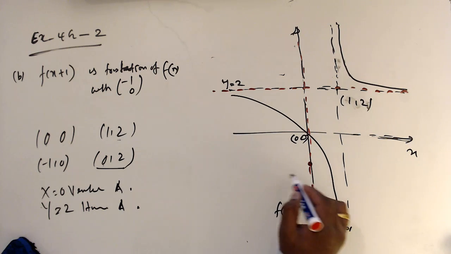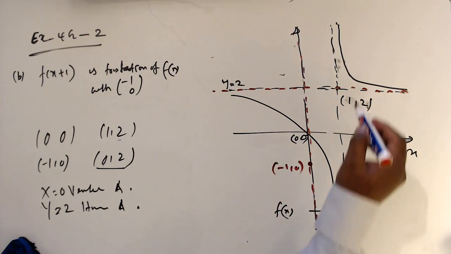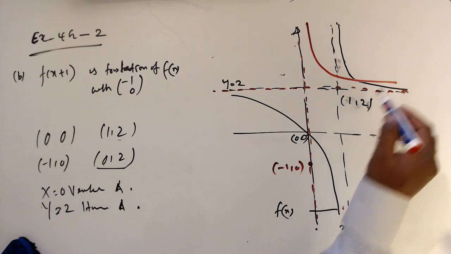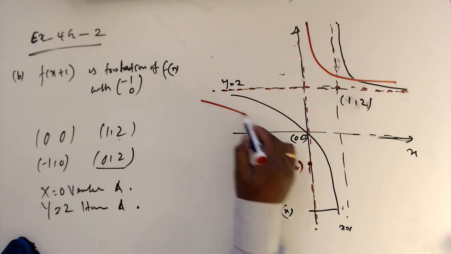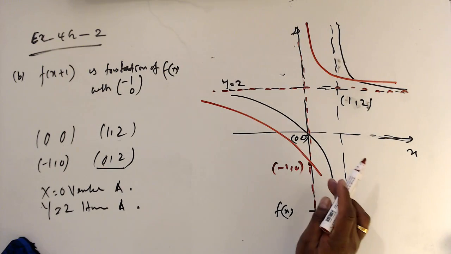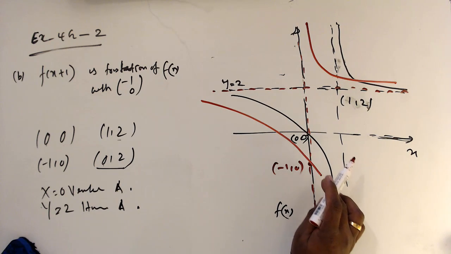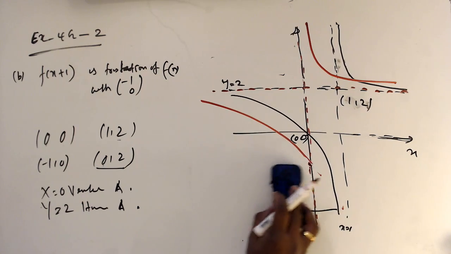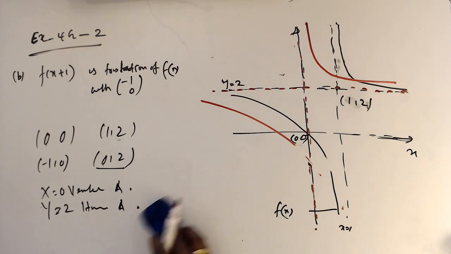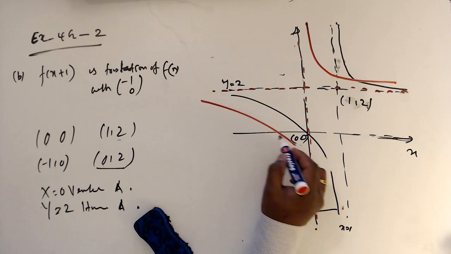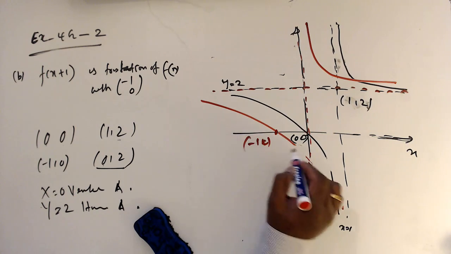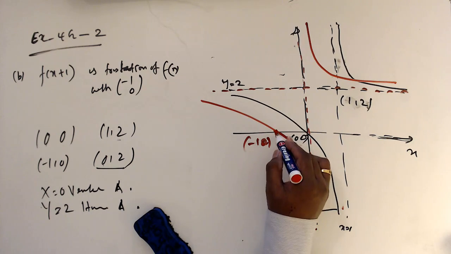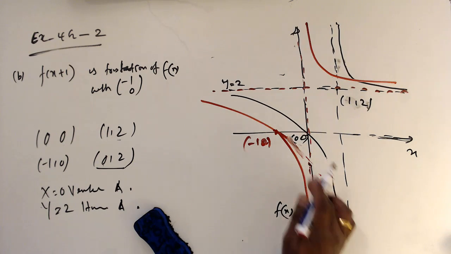It is here, minus 1, 0. Now you can draw the graph. I marked the minus 1, 0 in the wrong place. This is the x-axis, minus 1, 0 is here, so this is going to be like this.